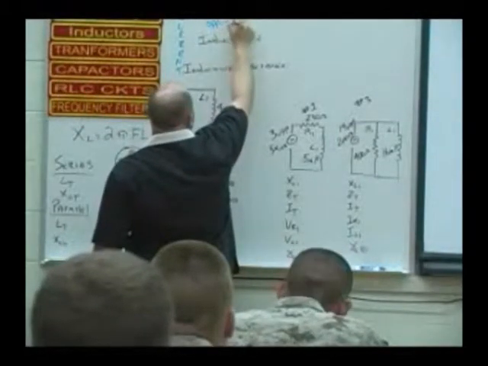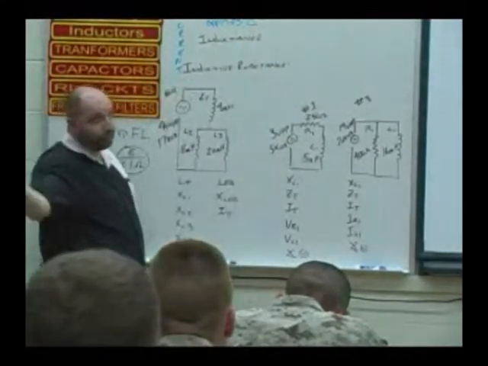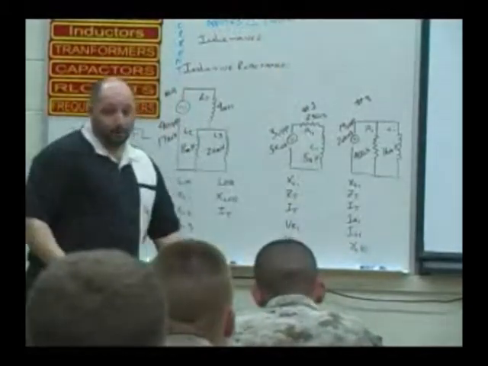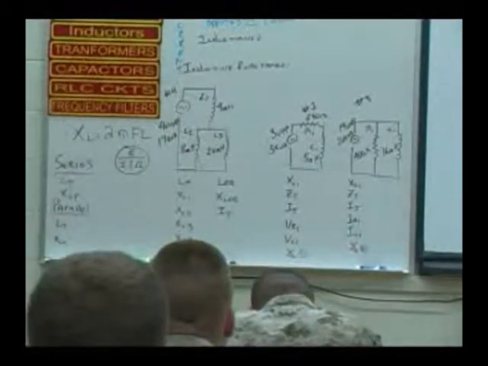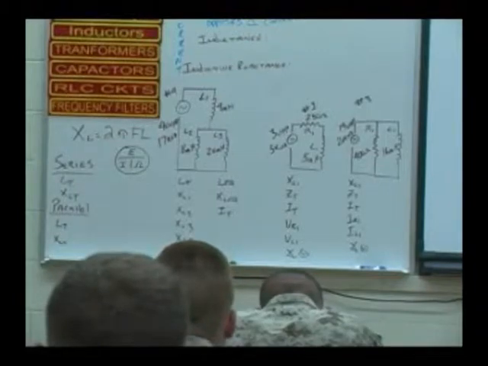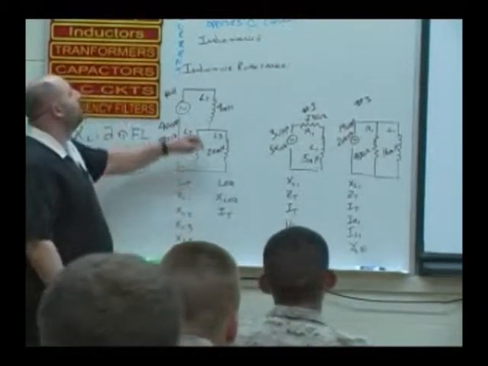And we discussed, yes, change or variation in current. There's a magnetic field that's created around a straight piece of wire or a coil of wire. There's a big difference between the two, but it exists in both because they have inductive properties.